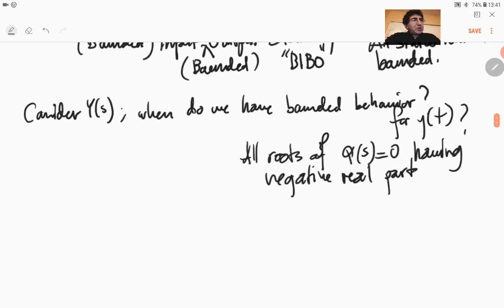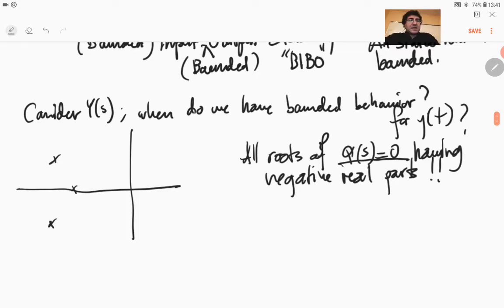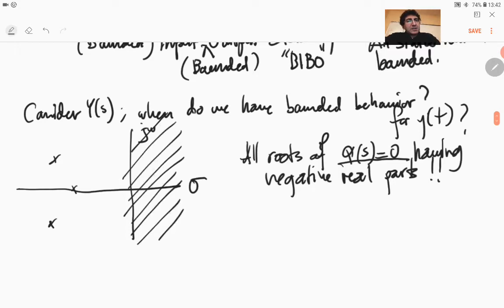That means that if we take a look at poles and zeros, in fact the poles of the system, the roots of q of s equals 0, if these are on the left half plane, this part results in unbounded behavior, and this part results in bounded or stable behavior, okay?